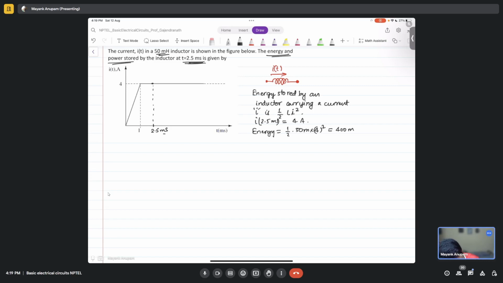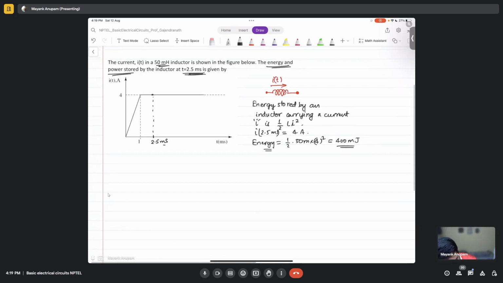Did you say 400 milliwatt? No, it is energy, right? The unit of energy is joules. Okay, sir. Yeah, it is 400 millijoules.